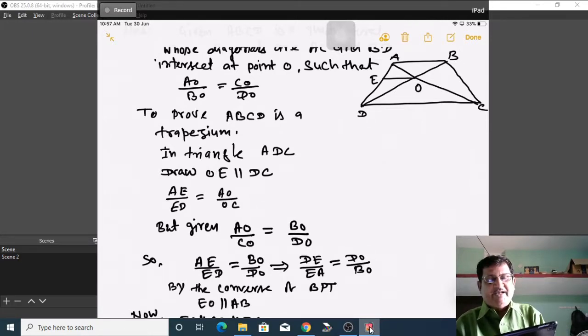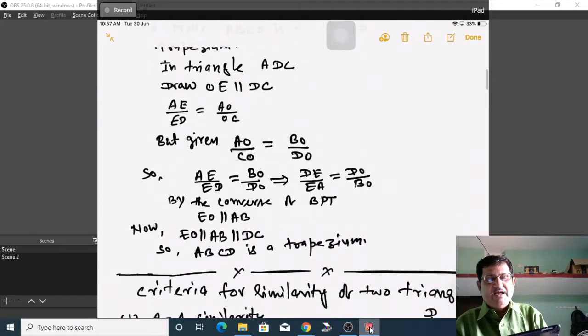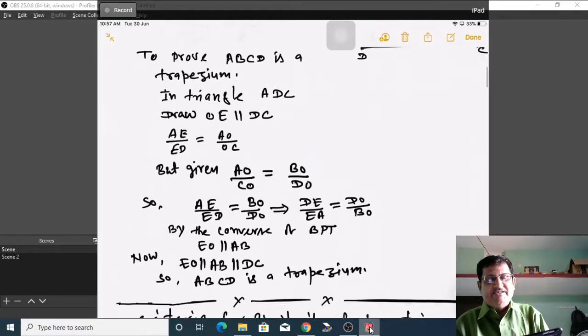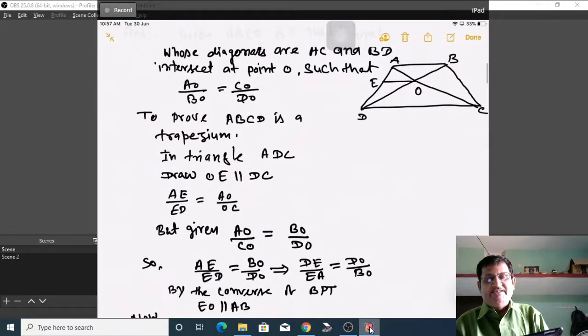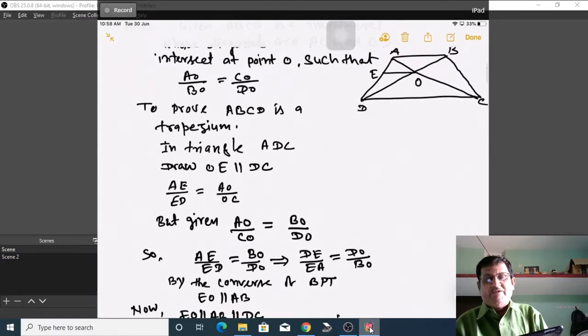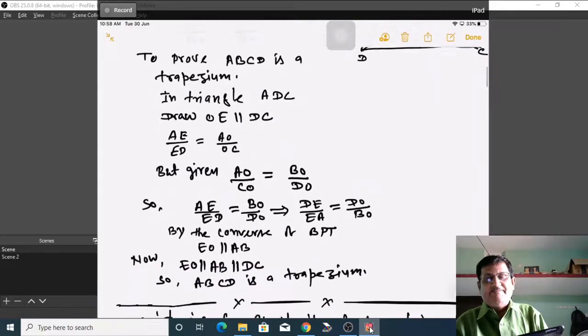So, AE by ED is equal to BO by DO, which implies DE by EA is equal to DO by BO. By the converse of BPT, EO is parallel to AB. Now, EO is parallel to AB and parallel to DC. It means ABCD is a trapezium. Why? DC is parallel to AB. We know that in a quadrilateral, if one pair of opposite sides is parallel, then it is a trapezium.